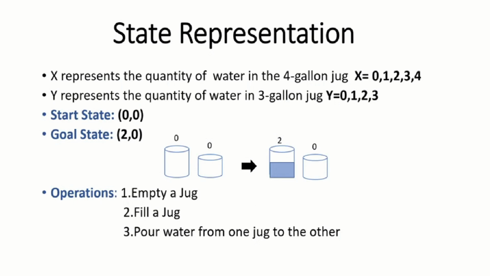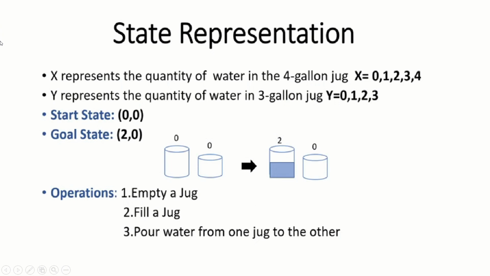So the state representation is: X represents the quantity of water in the 4-gallon jug, that is X is equal to 0, 1, 2, 3, 4. Y represents the quantity of water in the 3-gallon jug, Y is equal to 0, 1, 2, 3.